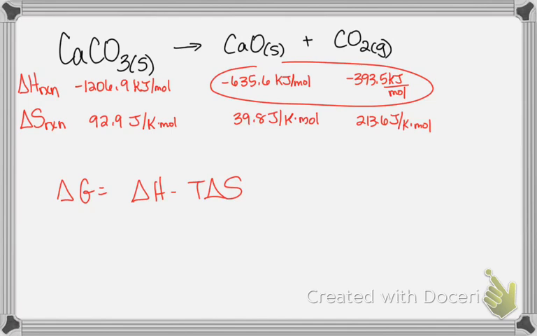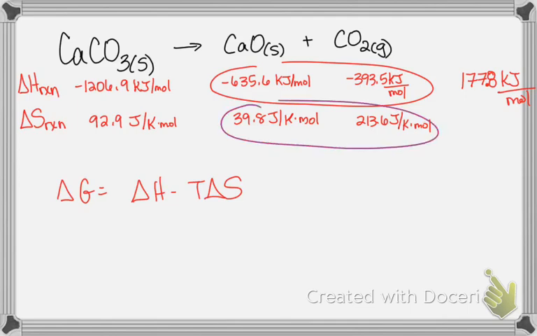And so for the delta H of the reaction, I get 177.8 kilojoules per mole. Then I'm going to also do that for the delta S. I'm going to sum up the products. And I'm going to subtract out the reactant, so subtract the 92.9. And so for delta S, I get 160.5 joules per Kelvin times mole.